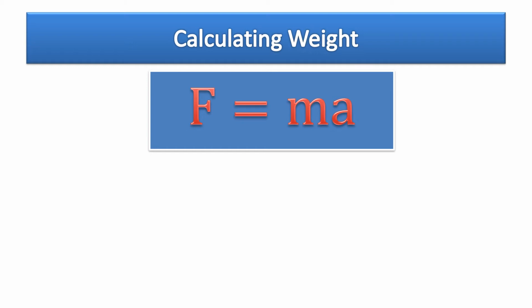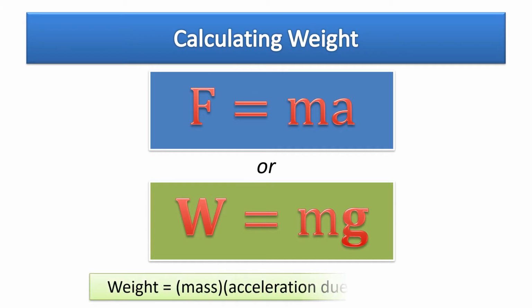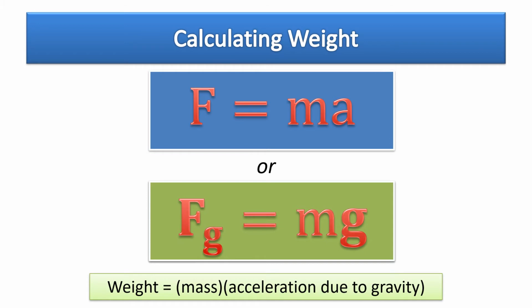So back to Newton's second law, if F equals ma, and we know that we're talking about the acceleration due to gravity, which is equivalent to the gravitational field strength, we're going to use W equals mg. The weight is equal to the mass times your acceleration due to gravity. And like I said before, I like to use Fg equals mg because this is the definition of the weight.